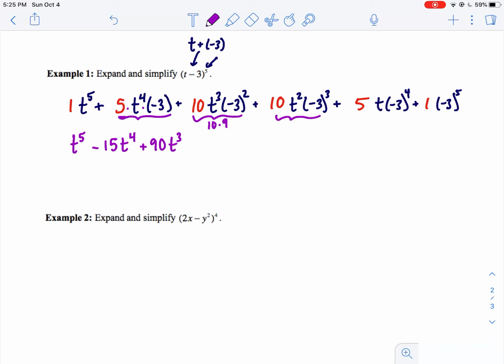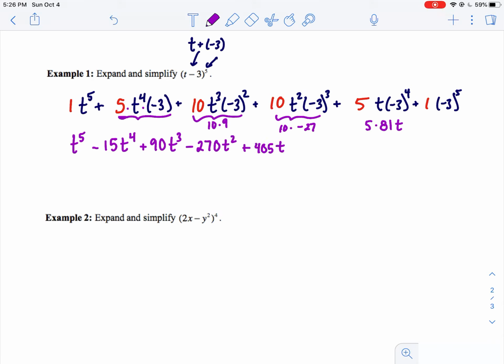Then on the next one, because the -3 is cubed, I'm going to have 10 times -27. Right? So then I'm going to get minus 10 times -27, so minus 270 t squared. -3 to the fourth is 81. So I've got 5 times 81t. Okay, so that's going to be positive, right? And then what, 405?